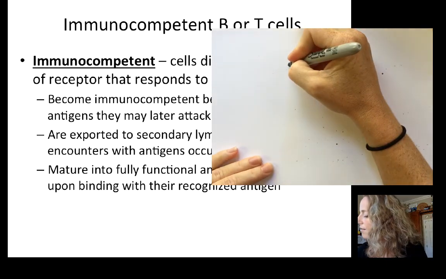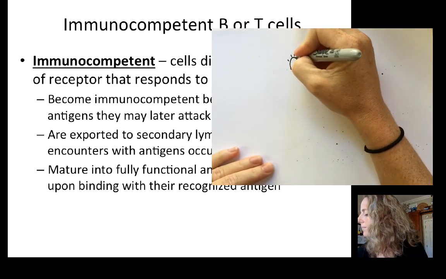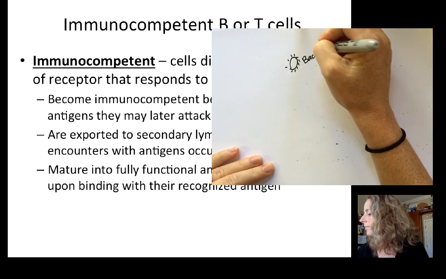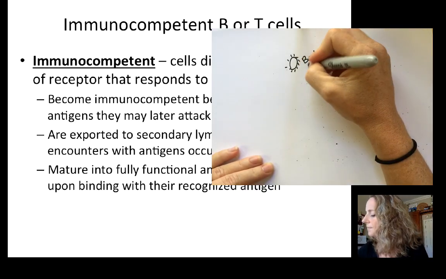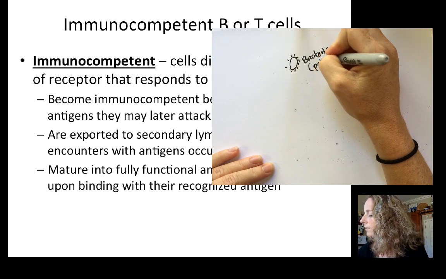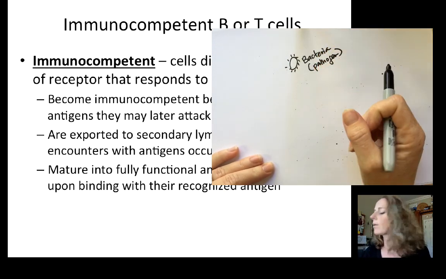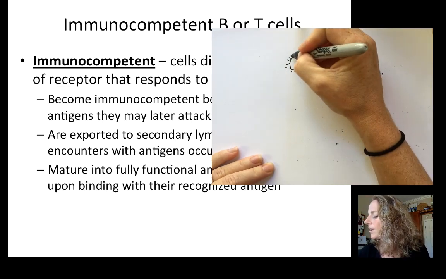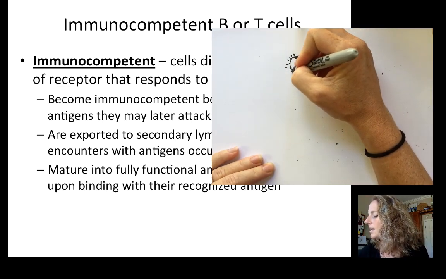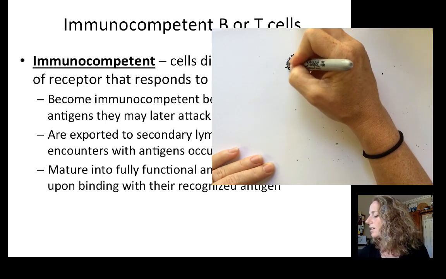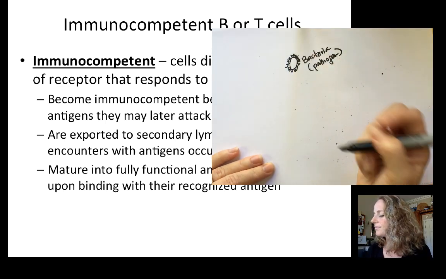So what you have is a bacteria. This bacteria, as a whole, is considered a pathogen because it's a disease-causing microorganism. They are very complex and they contain many different molecules around them, particularly in their outer walls.